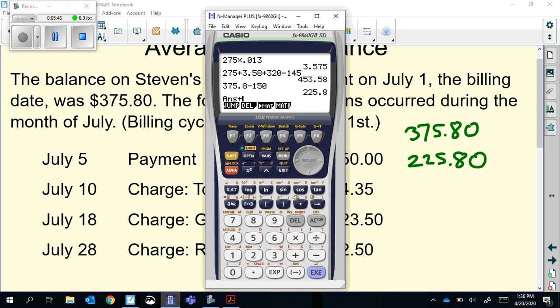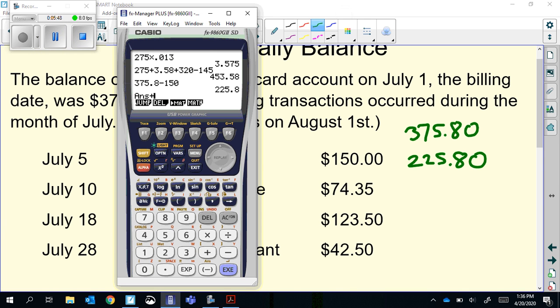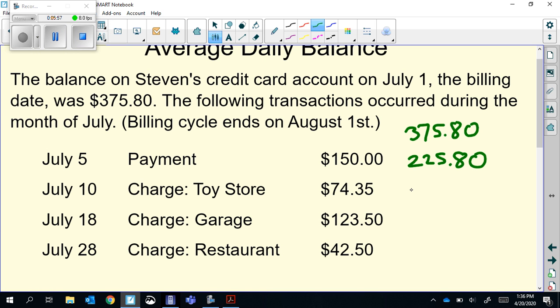So now the balance is $300.15. And then another charge.